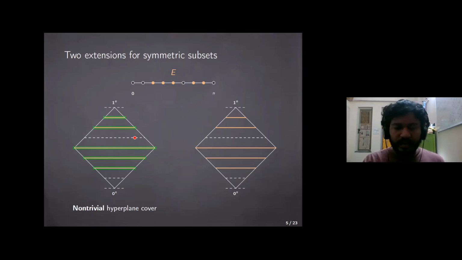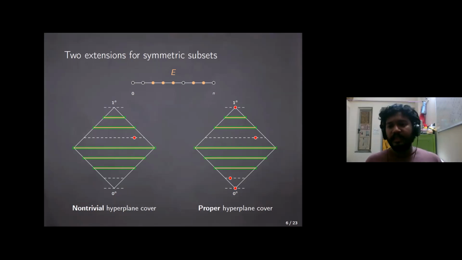All right. The second variant is a stronger restriction on the hyperplane covers. I can start with a collection of hyperplanes that covers the layers in E, but among all the layers that are outside E, in every layer, at least one point is excluded. What is the difference here?